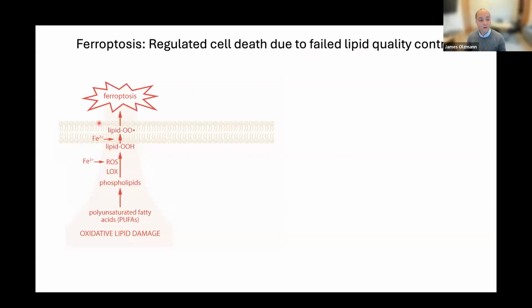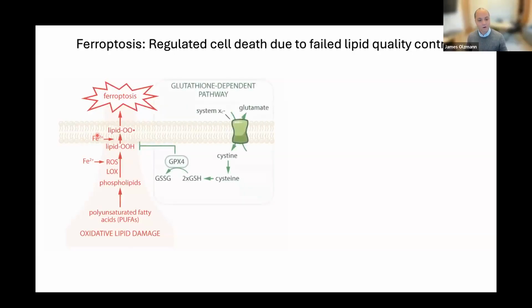So in this form of cell death, we have the accumulation of oxidatively damaged membrane lipids, and this can eventually lead to membrane rupture and cell death. So we have the incorporation of oxidative sensitive polyunsaturated fatty acids, or PUFAs, into these phospholipids. And we have the production of reactive oxygen species that eventually lead to the generation of these membrane lipid peroxides.